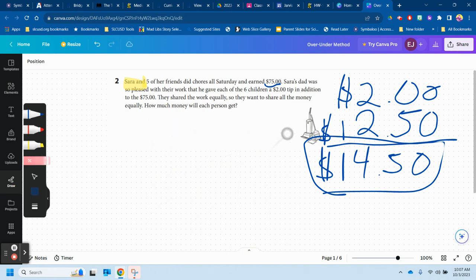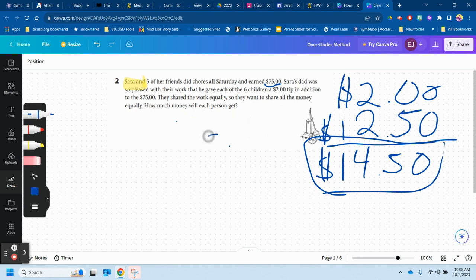Another way, let's see if we still get $14.50, is to think of it a little bit differently. I'm going to write smaller and make this better. Each kid's got $6 in tips. That's $12 total. So I could add the $12 to the 75 and get $87.